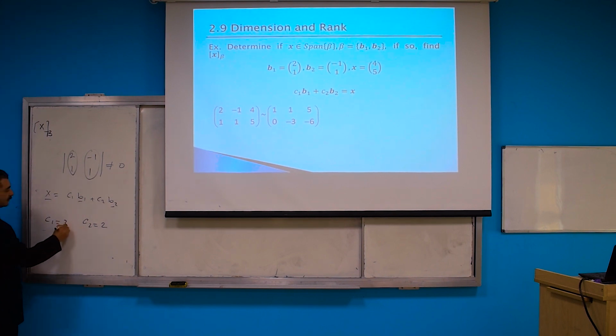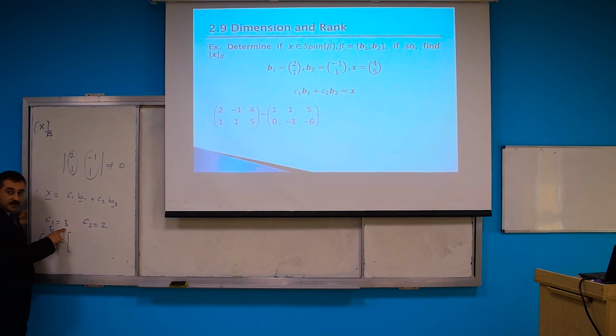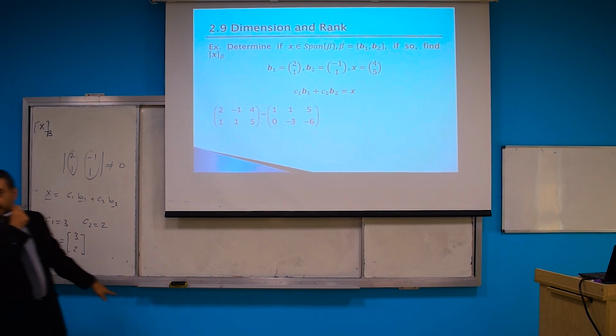Then we write x beta: the first component for the first vector in the basis, which is 3, and then the second component is 2. So this is the expression of x with respect to the new basis, which is b1 and b2.